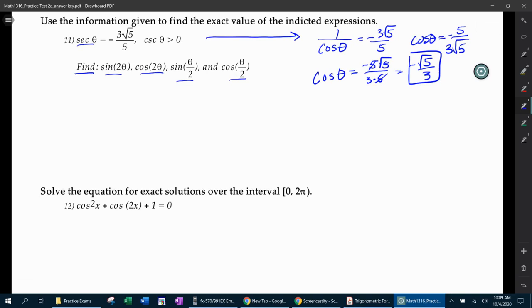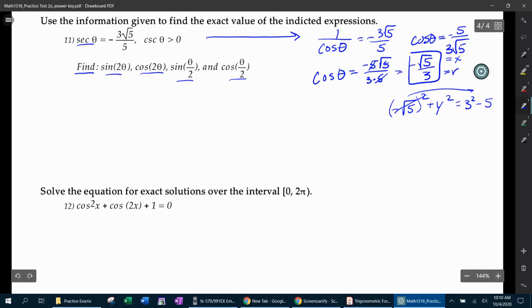Man, if I only knew what sine of theta was. Well, isn't cosine x over r? And if I know x and r, I can get y. Let's use the Pythagorean theorem. X squared plus y squared equals r squared. That's going to cancel. Bring the 5 over.